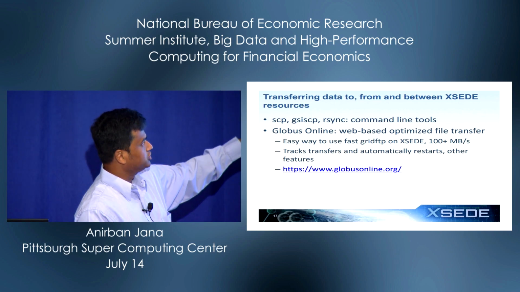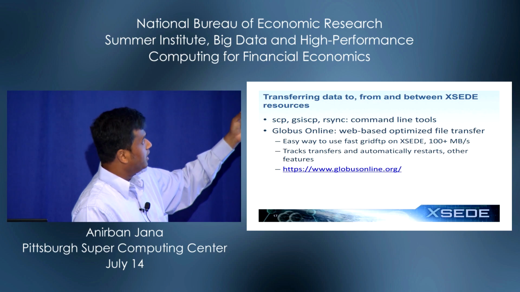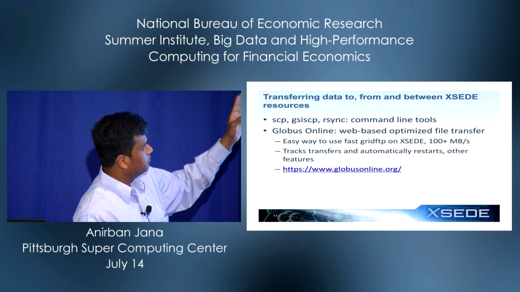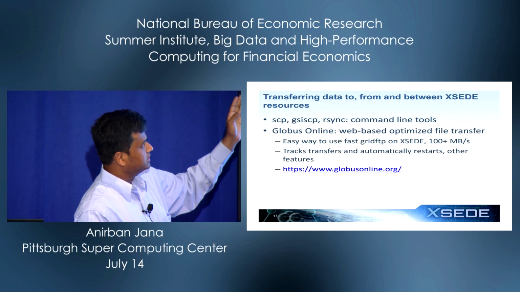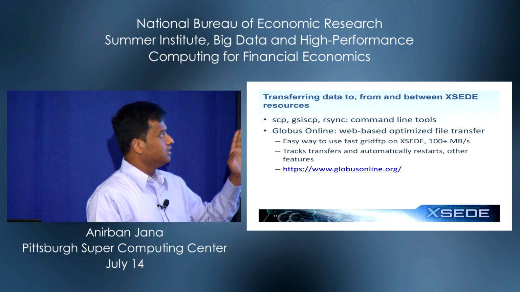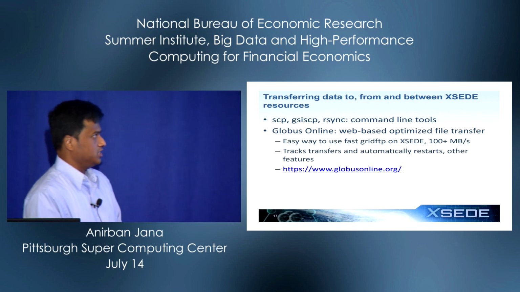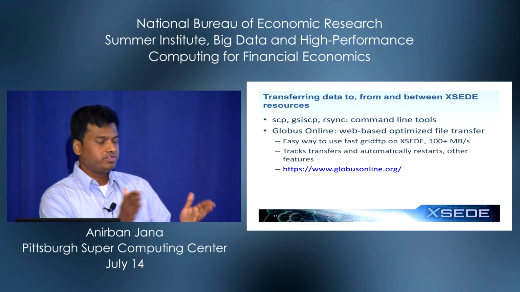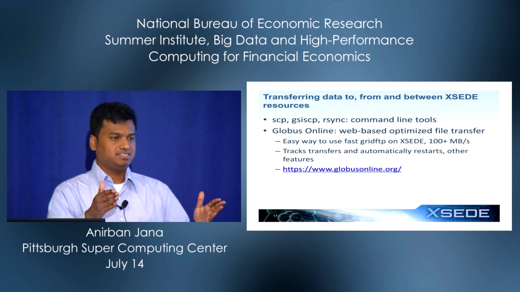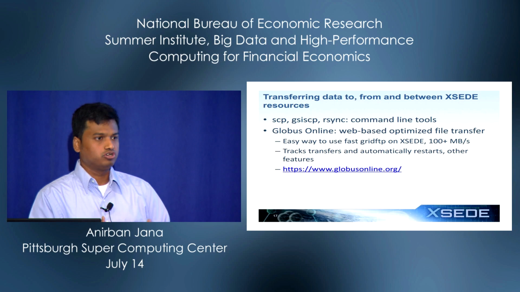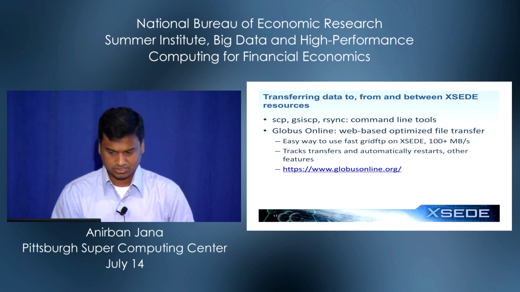But then there's also this web-based tool called Globus Online, and that basically uses very fast GridFTP amongst different machines. So you can both move data between Exceed resources using these tools, as well as move data in and out from your system to the Exceed resources.